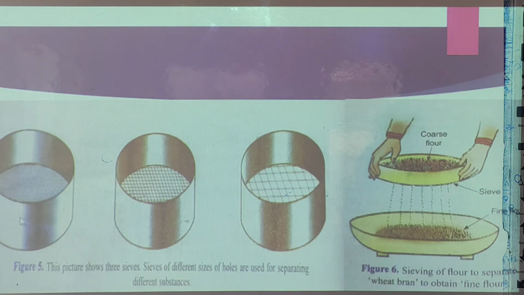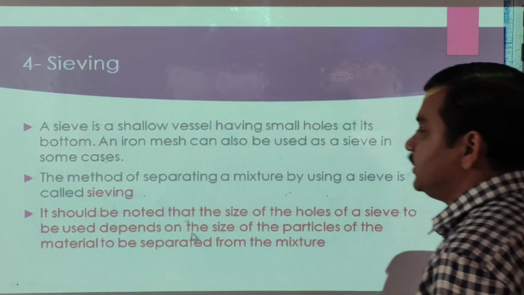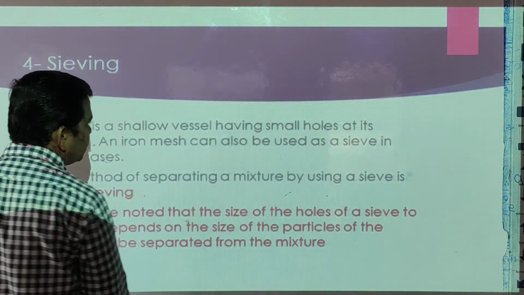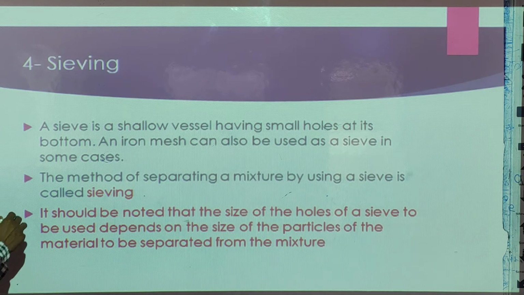Yes or no? According to the size of the particles which are to be removed, we use different kinds of sieves. Now you can see that an iron mesh can also be used as a sieve.